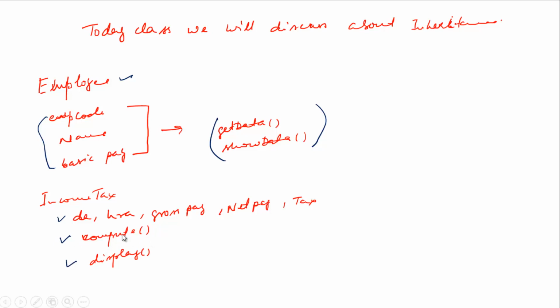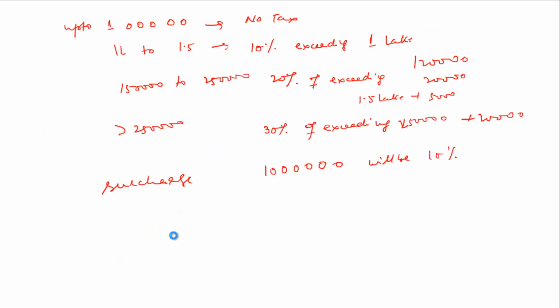Now in the calculation method there are some criteria. If the income is less than or equal to 1 lakh rupees, there will be no tax. If it is from 1 lakh to 1,50,000, 10% tax on the amount exceeding 1 lakh.